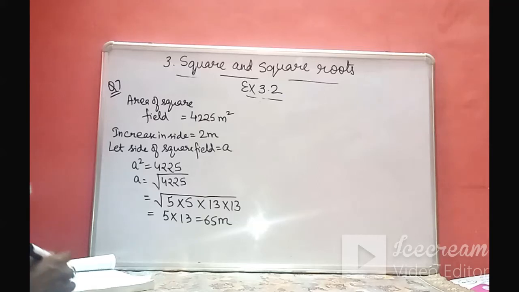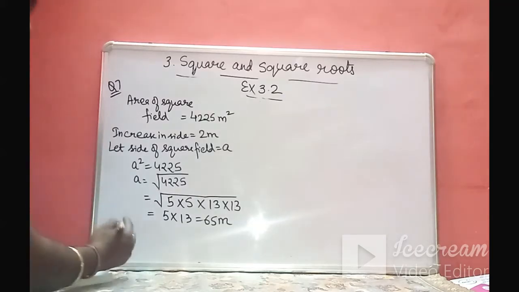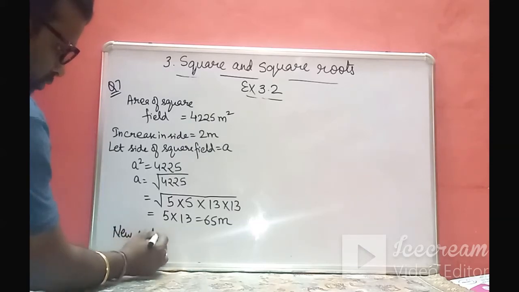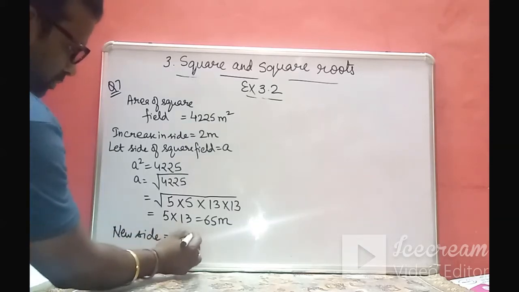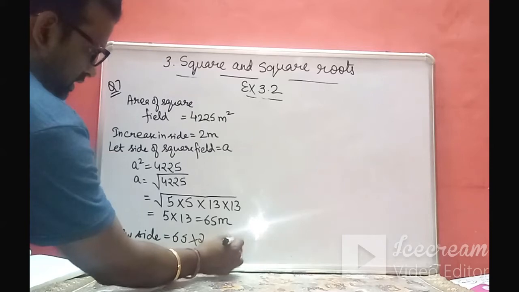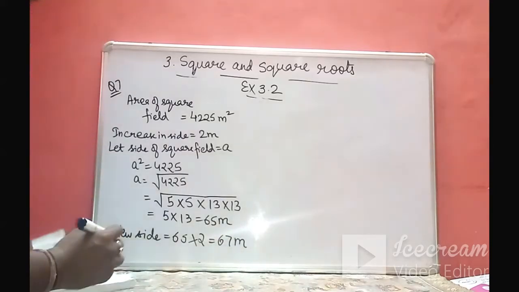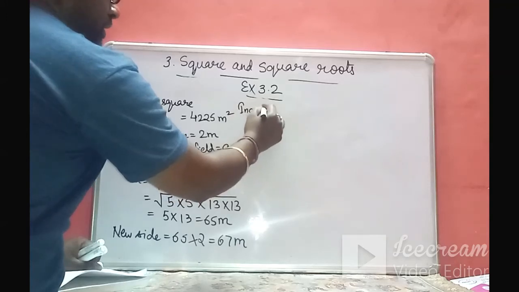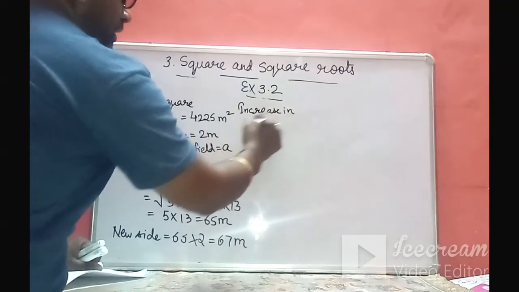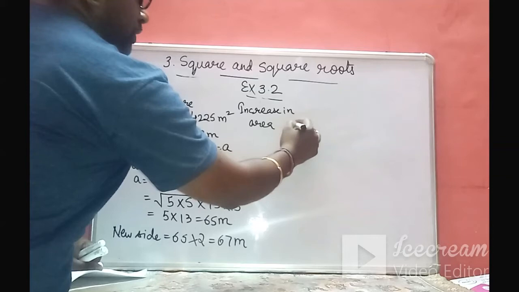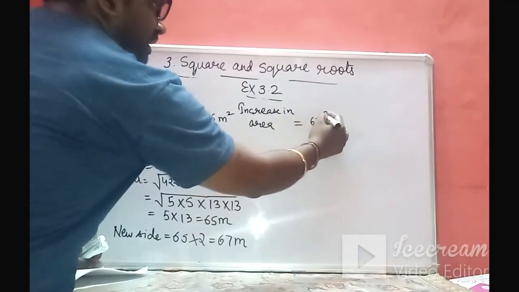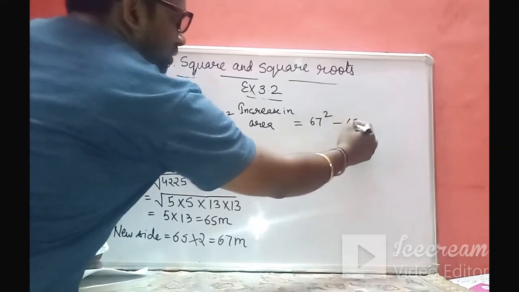Now what is the increase in side? 2 meters. So we can say that the new side will be 65 plus 2, that is 67 meters. This will be the new side. So now we will calculate the increase in area. The increase in area will be the new area, that is 67 square, minus the old area.